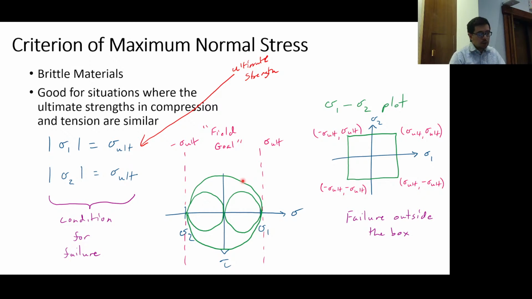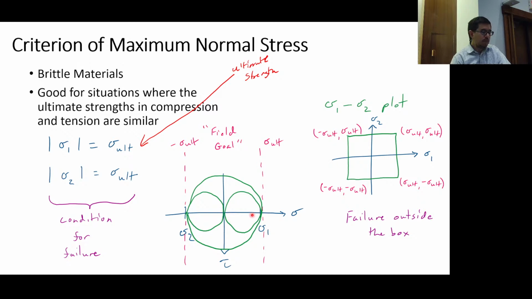You want to be able to think about going between these Mohr circles and these sigma 1, sigma 2 plots. Let's just do this one right here. This is just sigma ultimate comma 0. That means I have sigma 1 equals sigma ultimate and sigma 2 equals 0.